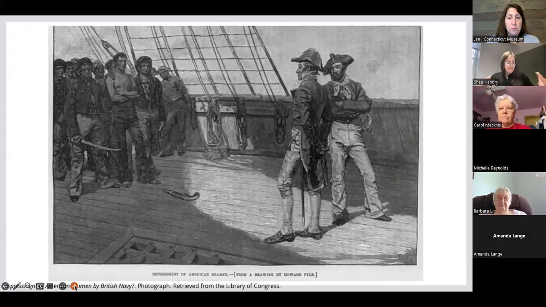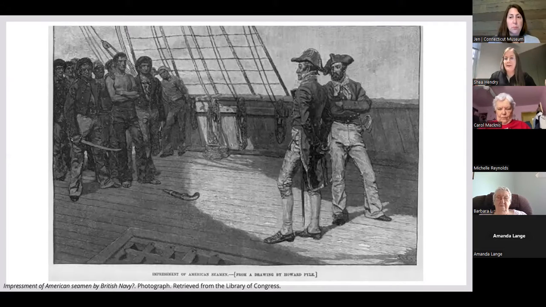And what I think is really essential to remember here is that we're talking about this Anglo-American relationship throughout a period where we're at the height of the impressment crisis, where the US and Britain are essentially going to go to war in 1812.